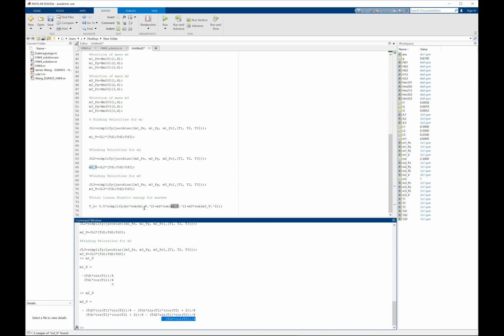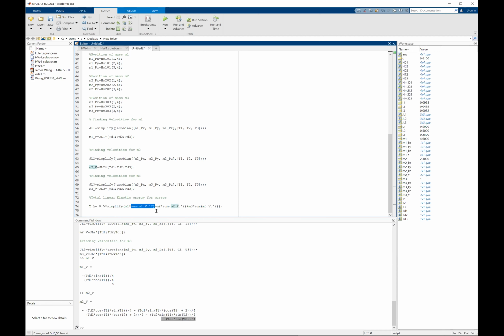And what I want is the sum of all those squares. So I have this sum. When I sum, I get the squares of velocities added.